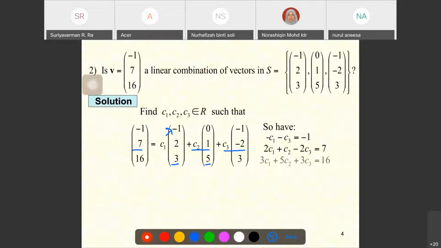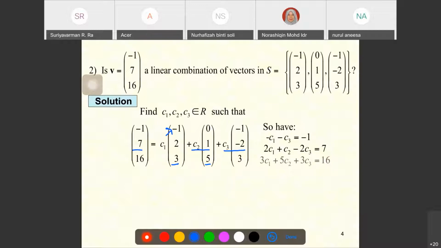So there's no shortcut ways to get all the C's. You need to solve the 3 by 3 equations. So use the Gauss-Jordan elimination. We have what?